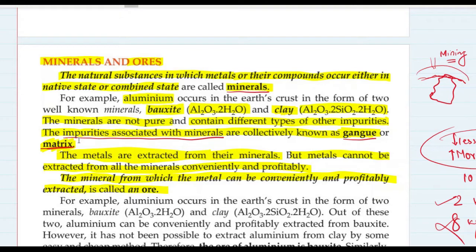And that is why we are not interested in minerals. We are interested in specific minerals which have a huge percentage of metals in them, and those minerals are known as ores. So we are concerned with ores.